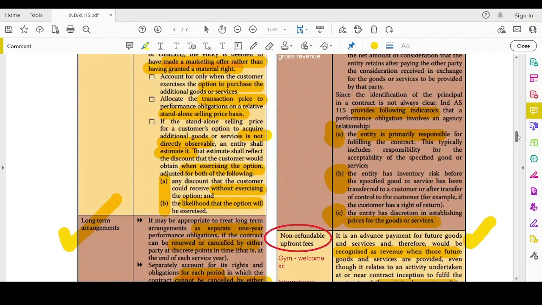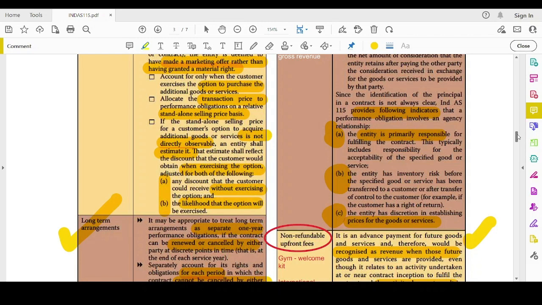Like I have already discussed, the principal would mean the person who carries both the inventory and the price risk. That's what has been given as an indicator. Since it is not always possible to identify who is the principal and who is the agent, the standard provides certain indicators to be checked to establish the principal and agent relationship.